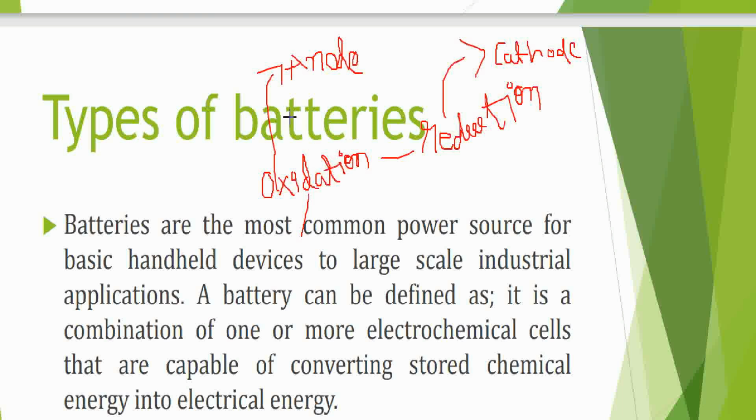In the batteries you have anode, cathode, and one more, the electrolyte. The electrolyte is an ionic conductor with negligibly small electronic conduction, which provides the medium for transfer of ions from one electrode to another and also prevents short circuit.